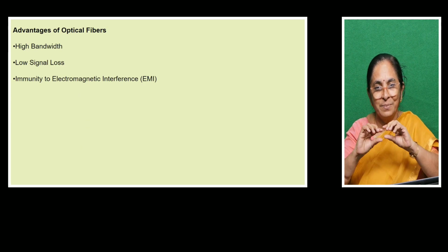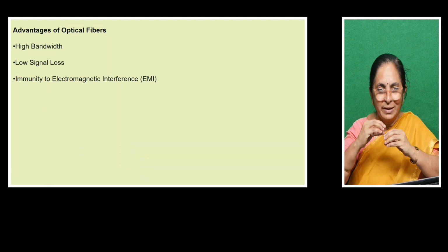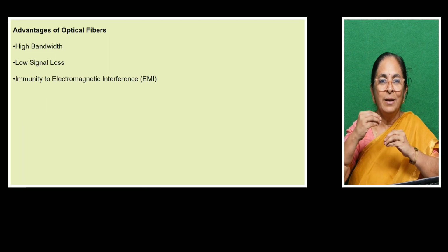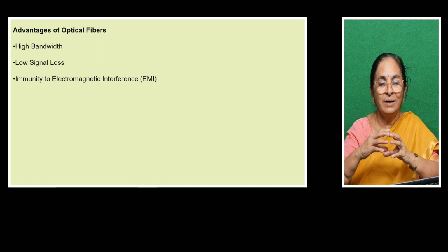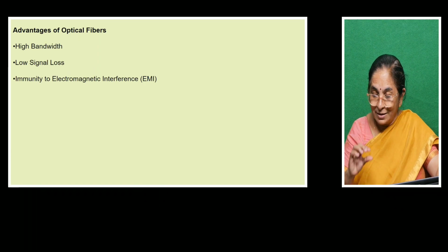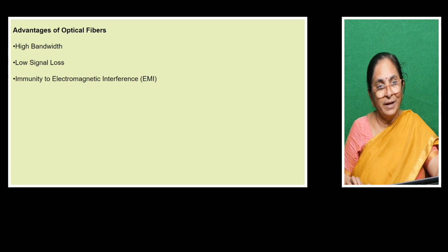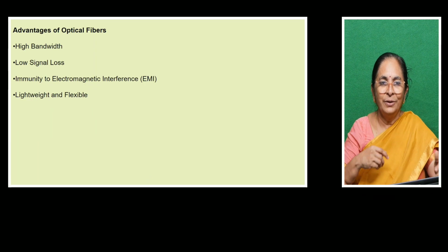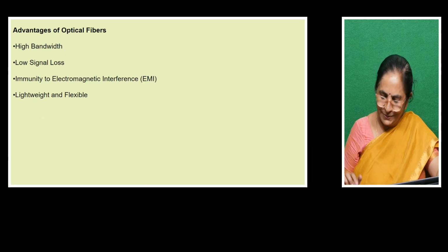Because the cables have core, cladding, then you have coating, buffer, and then a jacket, they are well protected and secured, and as such the optical fiber is very immune to electromagnetic interference. And optical fibers are very lightweight and they are very flexible. You can just turn them around also, nothing will happen to the data.